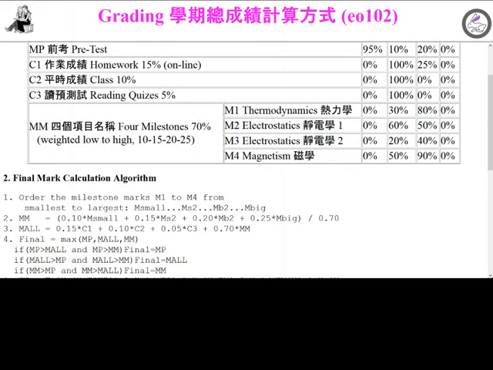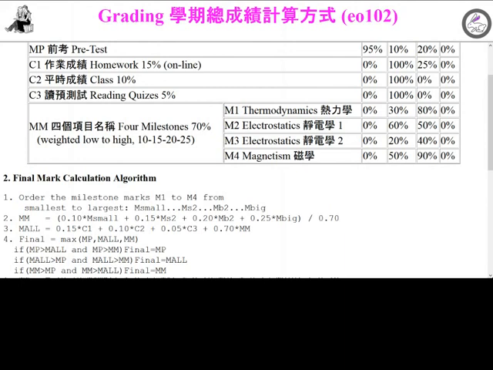We will then, based on this, multiply your homework mark, MC1, which is a mark out of 100, by 0.15, that is 15%. We'll multiply your class mark by 0.1, 10%. We'll multiply your reading quiz mark by 0.05, 5%. And we'll also multiply your total milestone mark by 0.7.